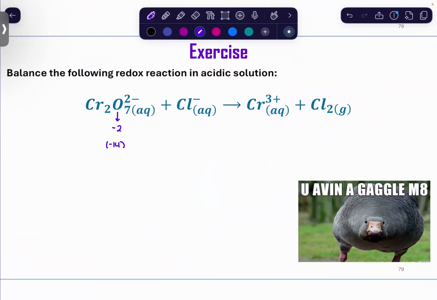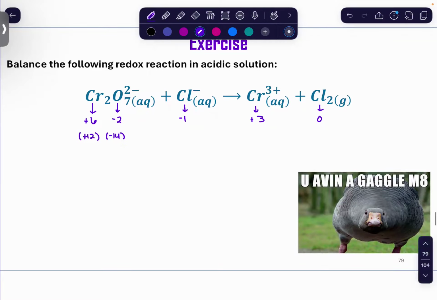Whatever chromium is, 2 of them is going to have to give a +12 to make sure I leave an overall -2. So that means each chromium will have to be +6. This one's easy. That's a -1. This chromium is a +3, and this chlorine is a 0 because chlorine gas is the common elemental form.